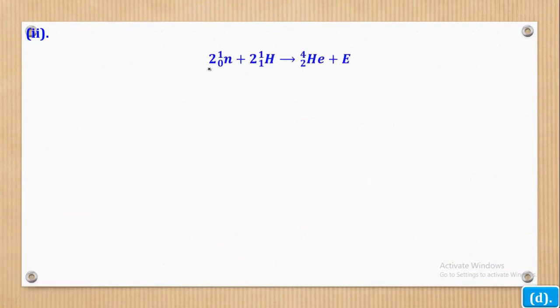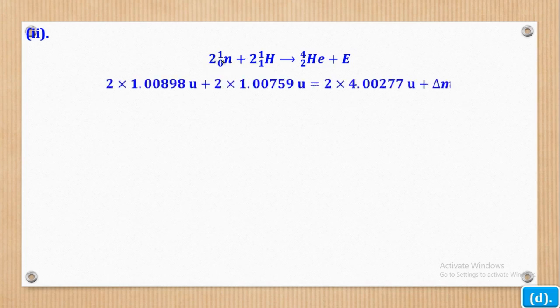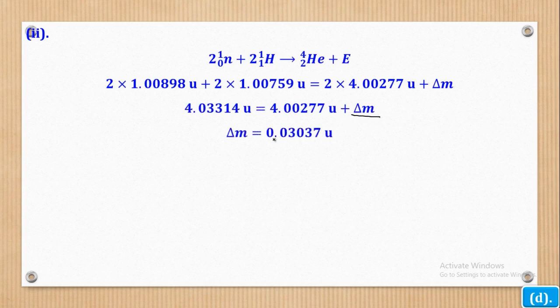So this is the equation which has been given. Therefore, you come and substitute. The mass unit for neutron was given as that. For this one it was that, and for this one it was that. And this one is not known, so it will be given by changing m. Therefore, making this the subject, it will be equal to 0.03037 U.